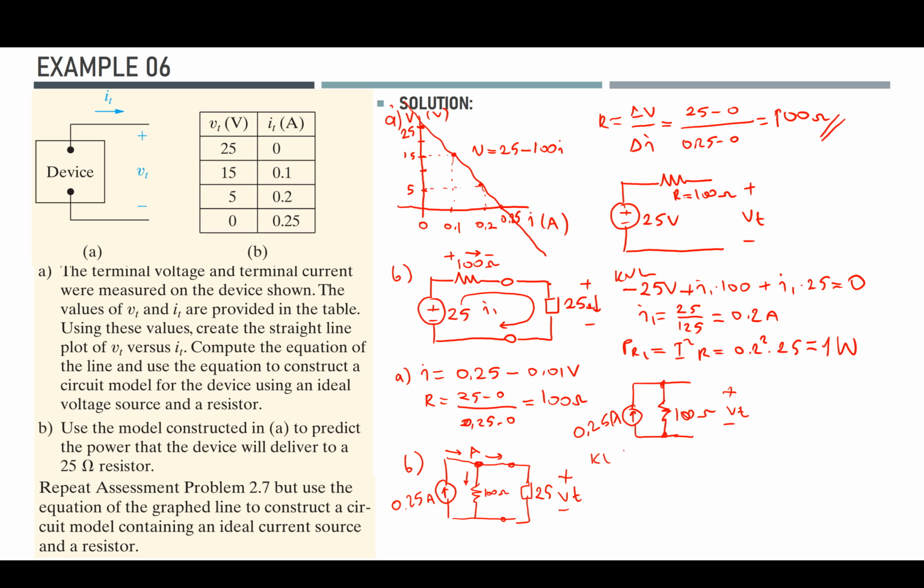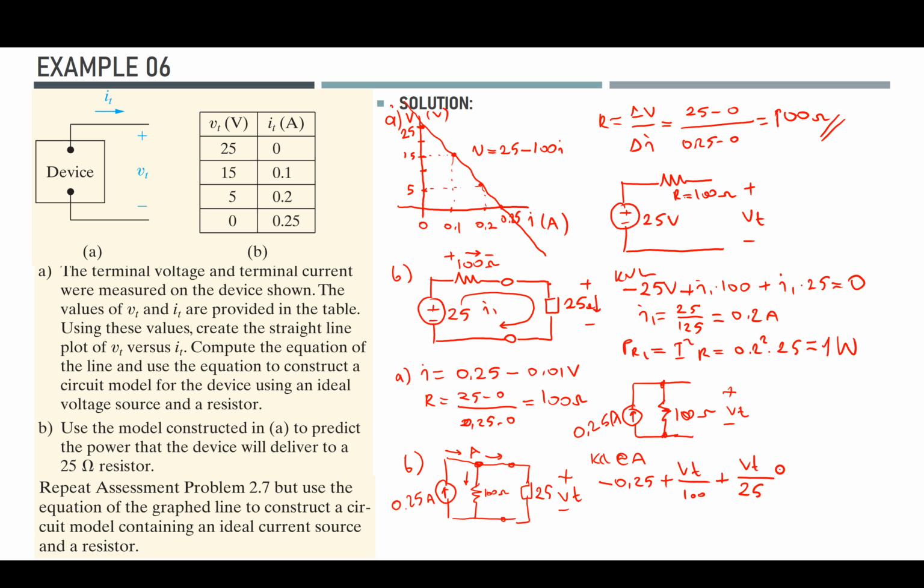If I write the KCL at node A, since I'm entering the node with the current source, I will have minus 0.25 amps. And when I'm exiting the node, I know that the VT is across both resistors, so I'm going to get VT over 100 ohms plus the same VT over 25 ohms.